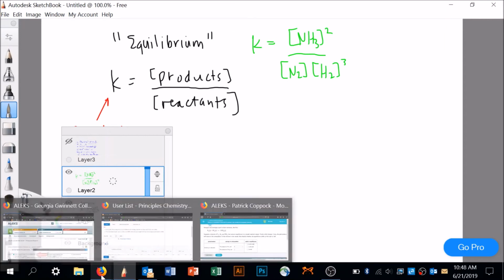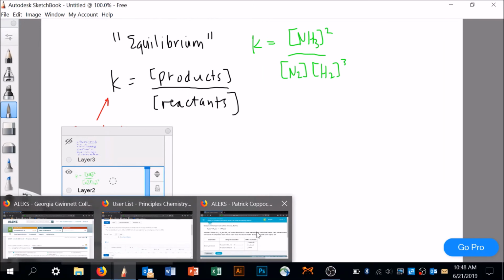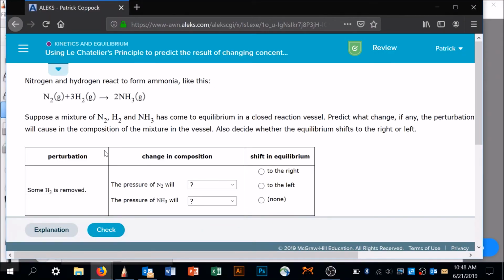Okay, so it's always responding in a way so as to restore equilibrium. Let's go back over here. So if H2 is removed, that means we're going to need more H2. So ammonia is going to go down, and if ammonia goes less, it's going to bring over more nitrogen with it. So that's going to go up, and it's going to come to the left.